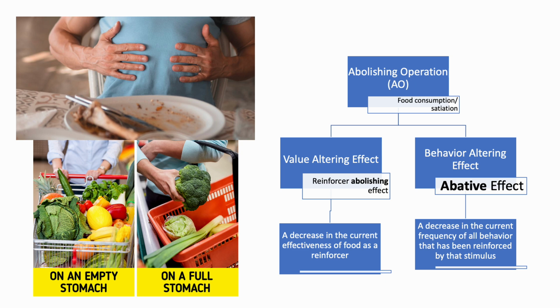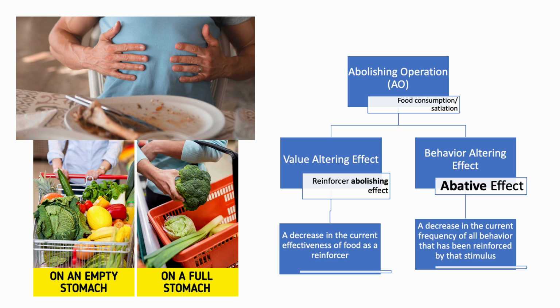So this means that there is a reinforcer abolishing effect. So it abates behavior that typically results in getting access to food. That's that behavior altering effect, meaning that there is a decrease in all behavior that typically results in being reinforced by food.